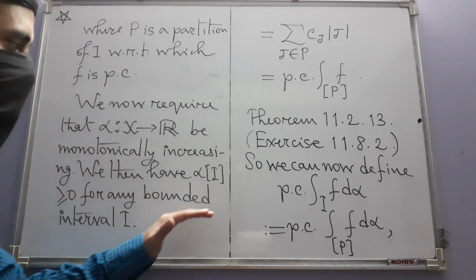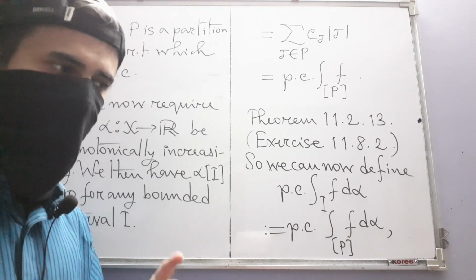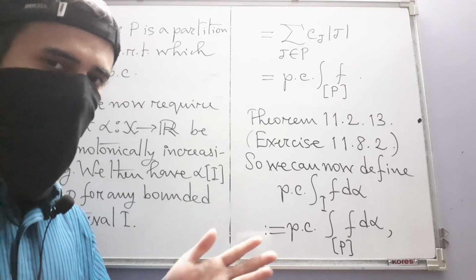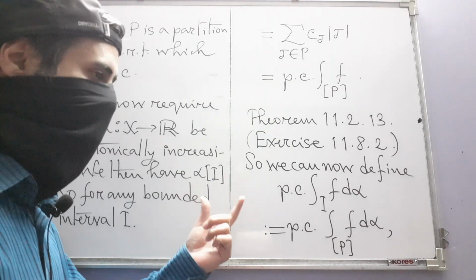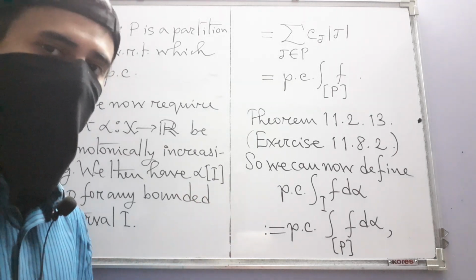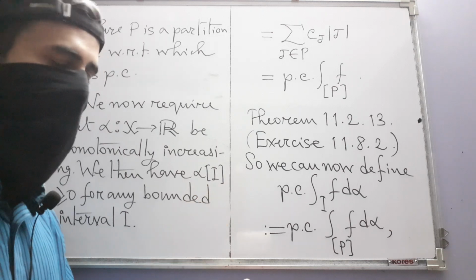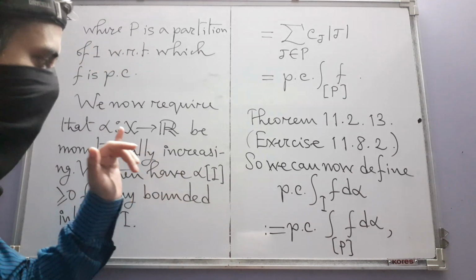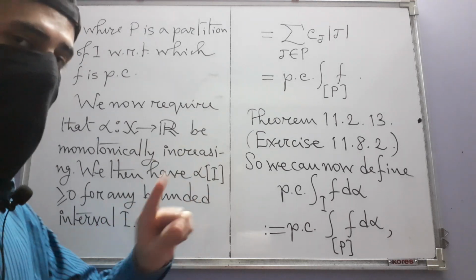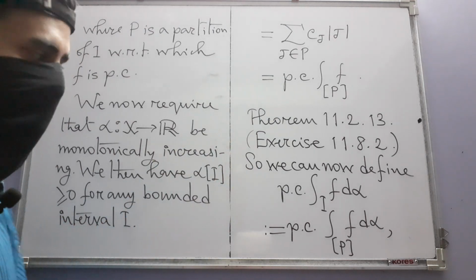Do you remember that after defining the notion of alpha length, we saw one example where we calculated alpha lengths of some 2 or 3 intervals, and there we saw one instance of an alpha length being negative, and we wondered that it is so general that there is no restriction on alpha that we can have negative length, and at that time itself I mentioned that we are eventually going to put some kind of restriction on alpha.